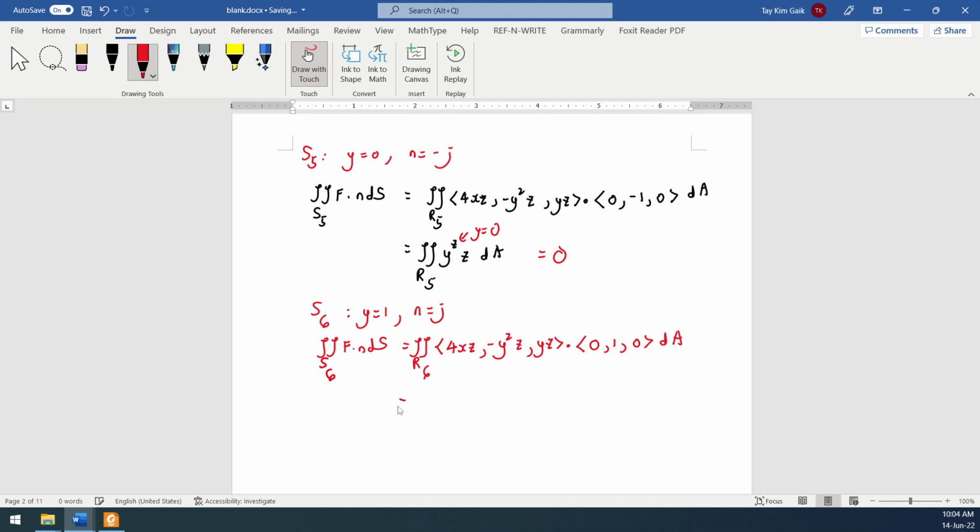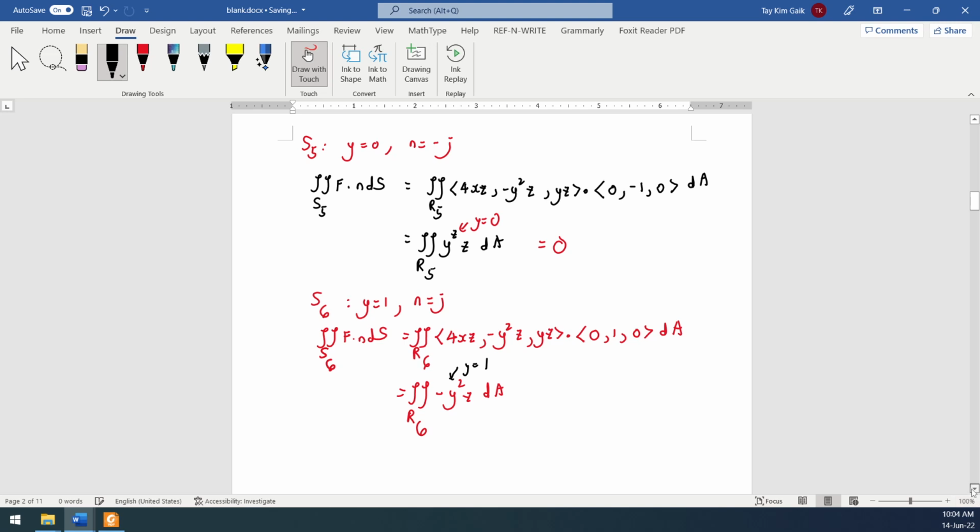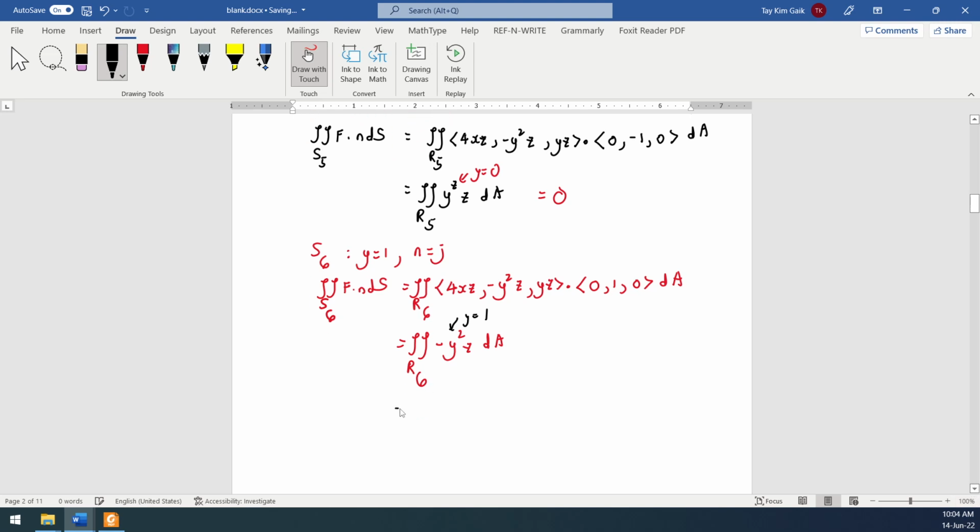And then doing the dot product, only the j component consists of value, so you get negative y squared z dA over region R6. On S6, y equal to 1, here plug in y equal to 1. Then we get negative z dA over R6.